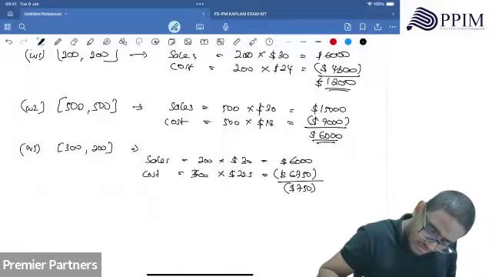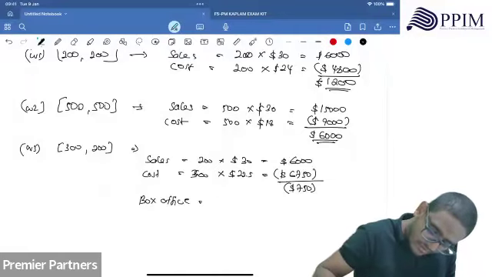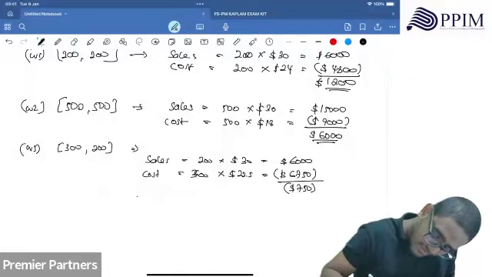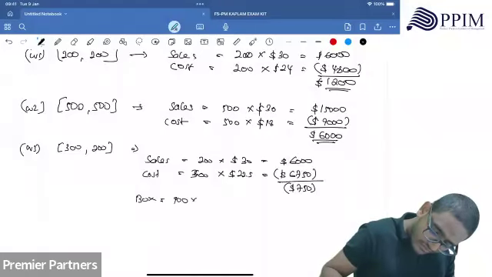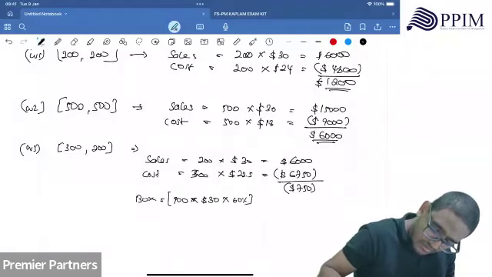So you get box office, that is 100 tickets into 10% into 30. Let me write it here. So I'll say you can sell 100 tickets at 30 each. You get 60% of that, but only 10% of the tickets will be sold.